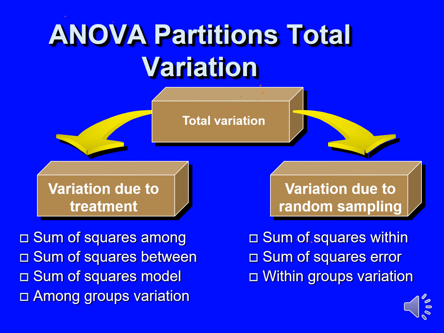And the other part, variation due to random sampling, also has different names in different books: sum of squares within groups, or error sum of squares, or within groups variation. All these names mean the same thing.